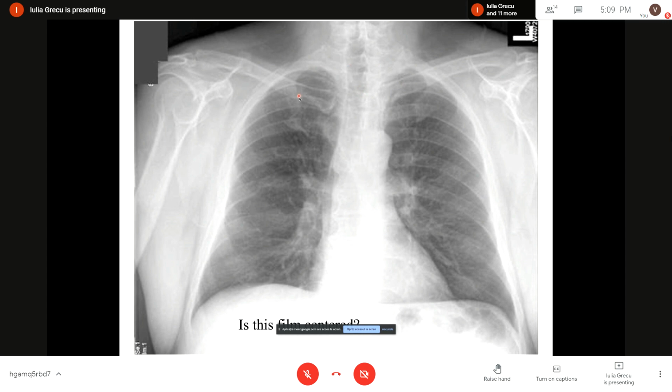In order to establish whether the film is centered and the patient is correctly positioned for the investigation, look at the clavicles, which are positioned here in the superior part of the film. This is the right clavicle and this is the left clavicle, and here are the medial heads of the clavicles. They have to be at an equal distance from the spinous processes of the vertebra.